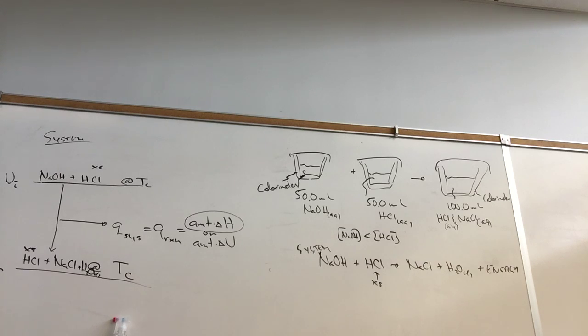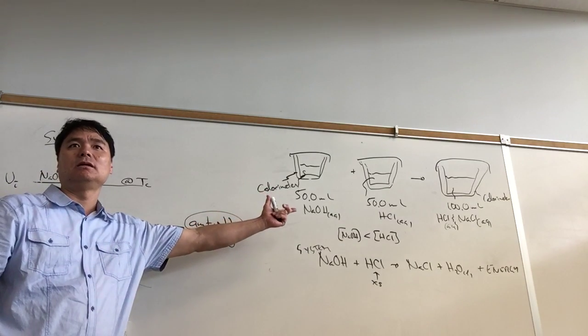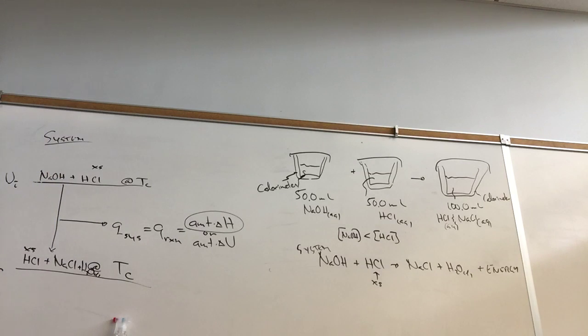And the answer to that is, it doesn't matter. It doesn't matter if you do this in a bomb or if you do this out in the open, because what we see is there was no change in volume either way. And so what that means is, under constant pressure, the volume was constant.